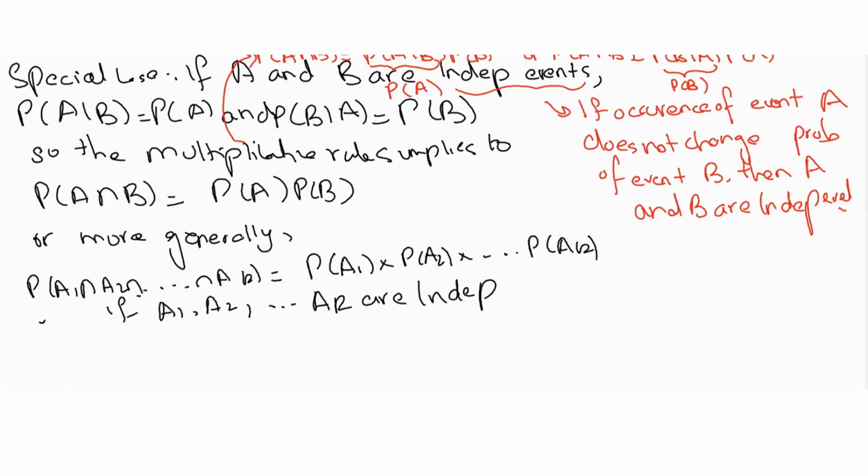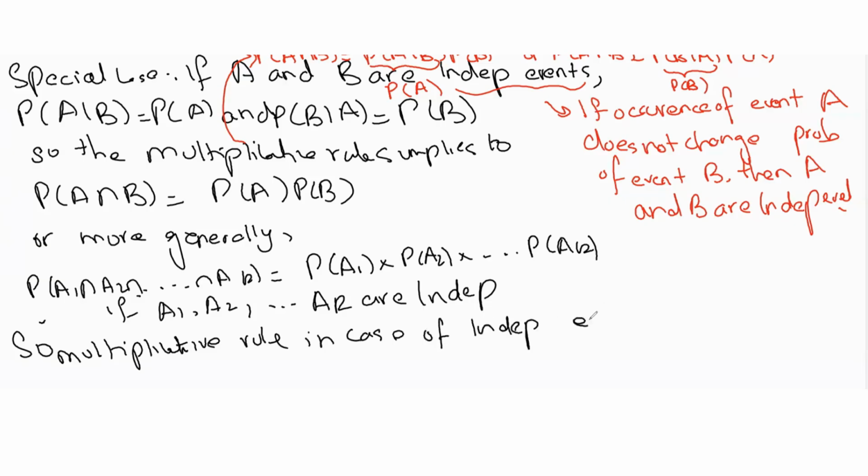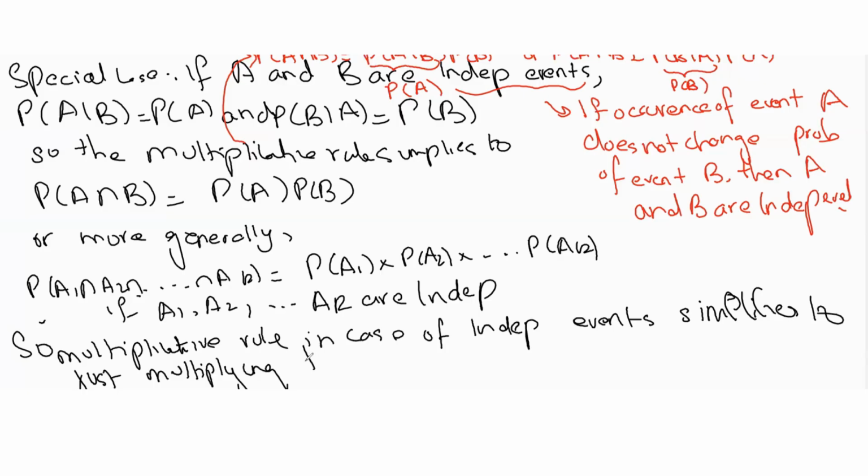The multiplicative rule in the case of independent events simplifies to just multiplying the individual probabilities.